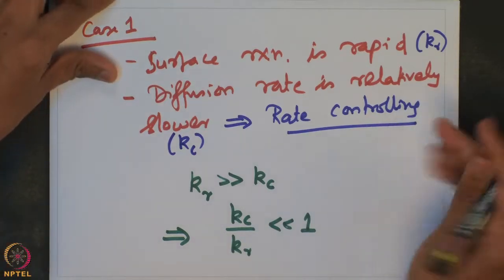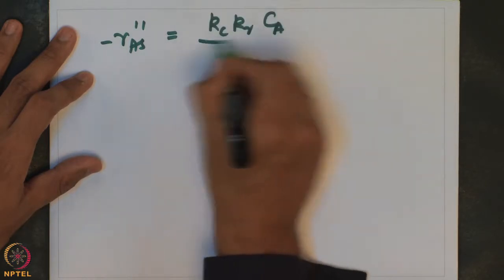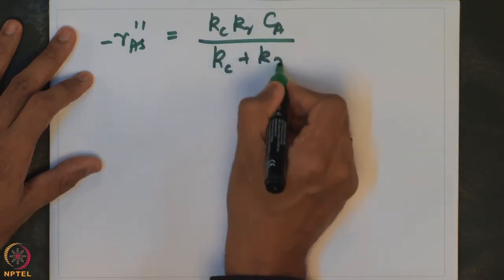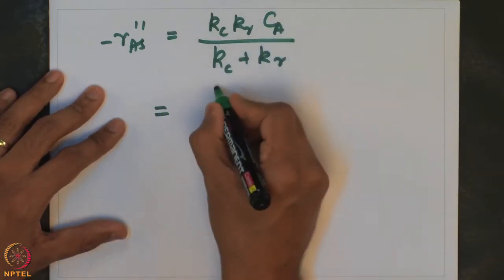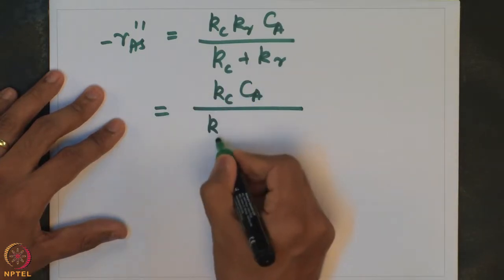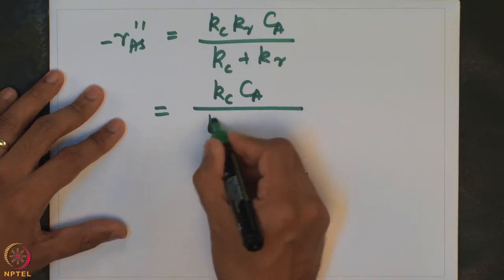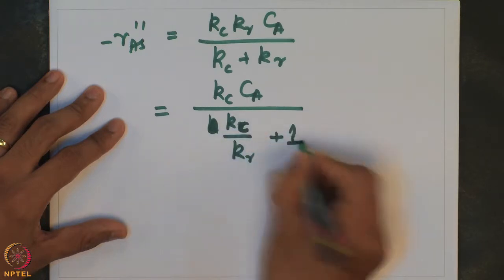Now, how do we incorporate this in the rate expression? The rate expression is given by Kc Kr Ca divided by Kc plus Kr. Now if I divide the numerator and denominator by Kr, I will see Kc Ca divided by Kc by Kr plus 1.